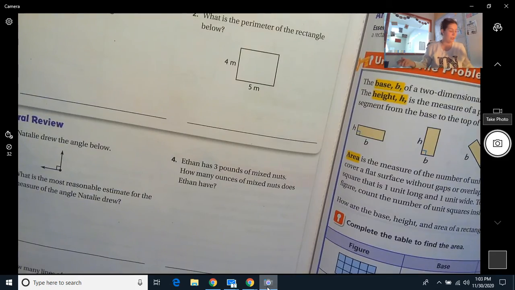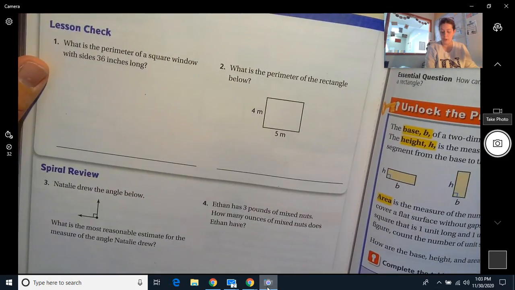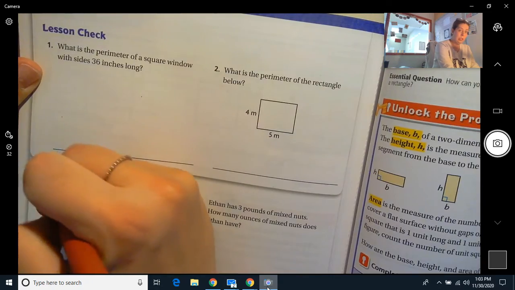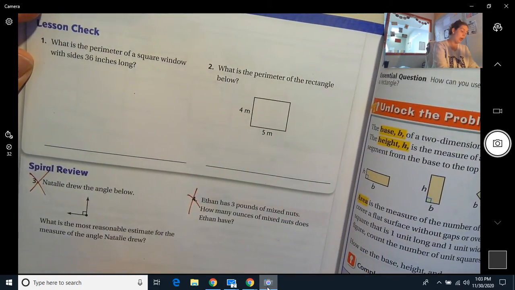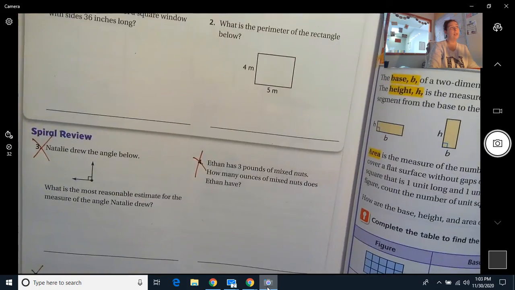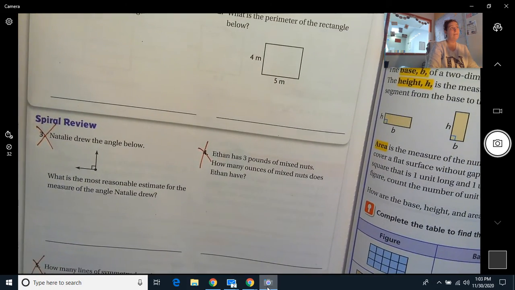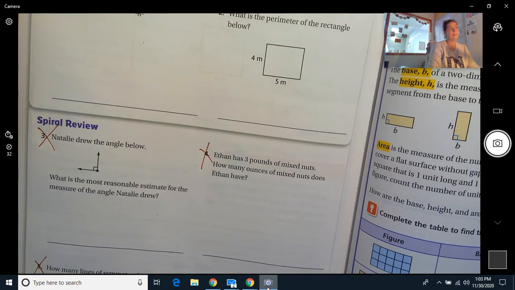On the back page, 722, no number 3, no number 4, and no number 5. Who was that, Miss Almond? Okay.